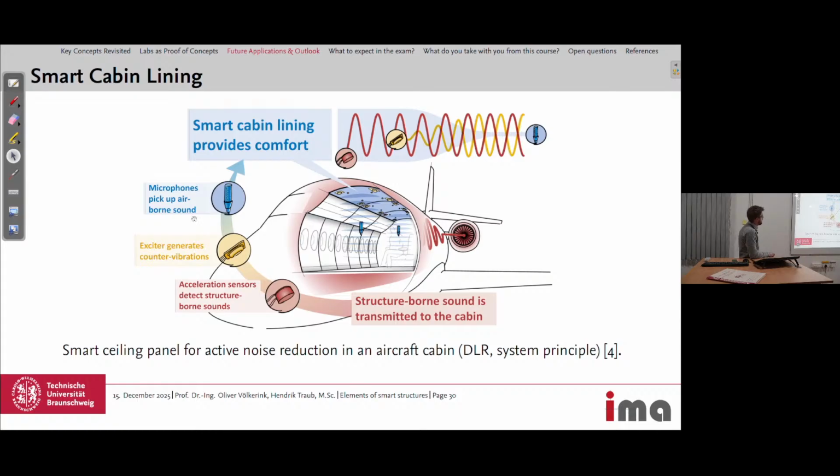And the aim is to reduce the structure-borne sound, which then leads to an airborne sound, and improve passenger comfort with these smart ceiling panels. Then all of these sensors, and also the exciters, were placed in these ceiling panels here in blue.